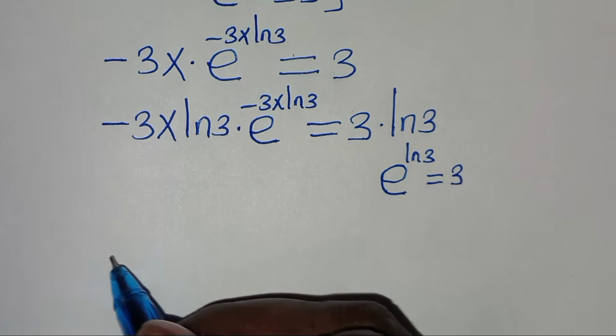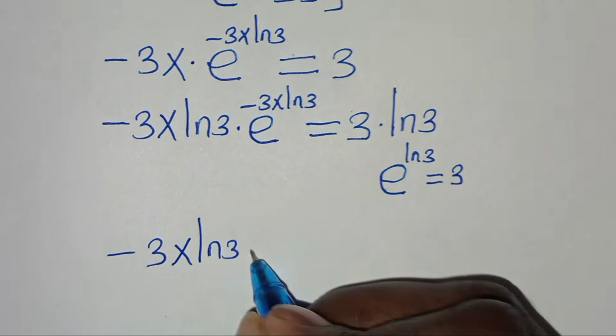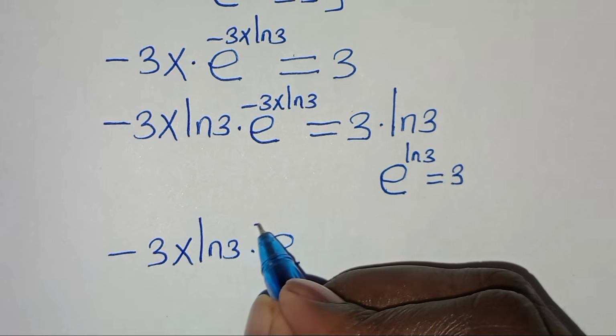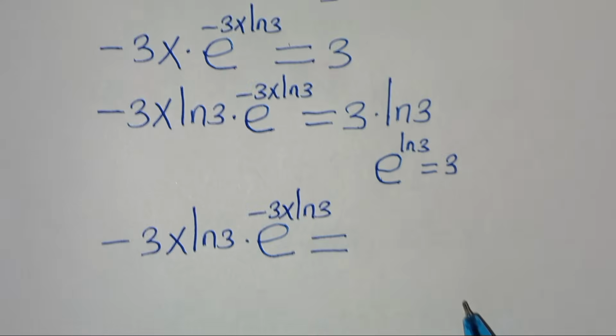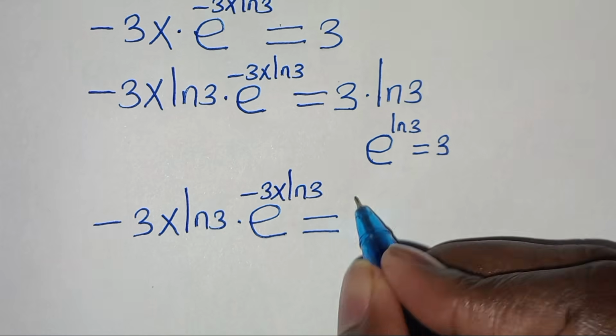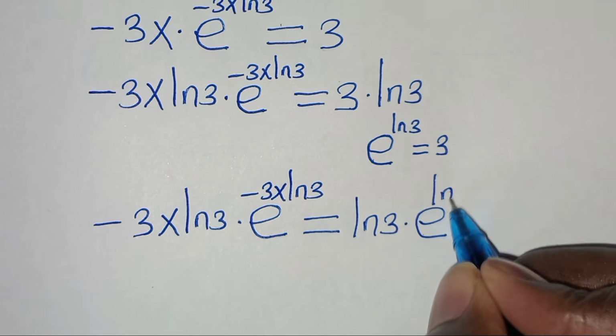So we have minus 3x ln of 3 multiplied by e to the power of minus 3x ln of 3, equal to ln of 3 multiplied by e to the power of ln of 3.